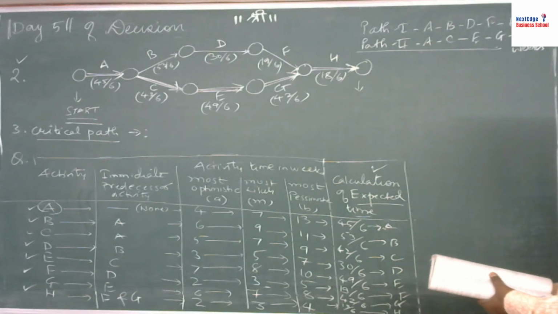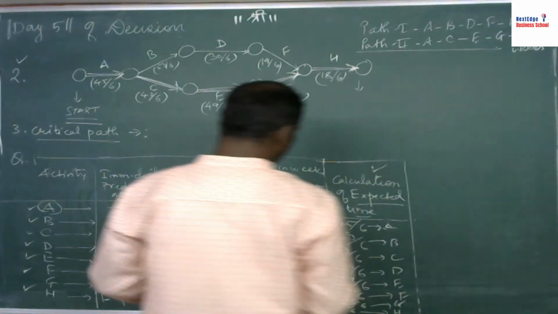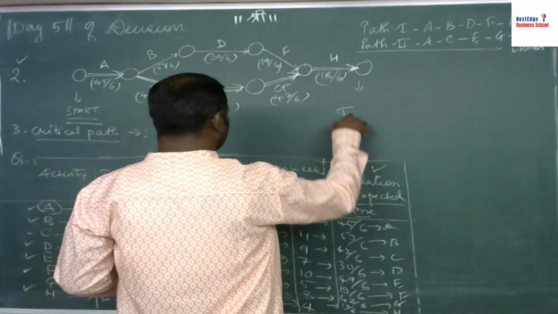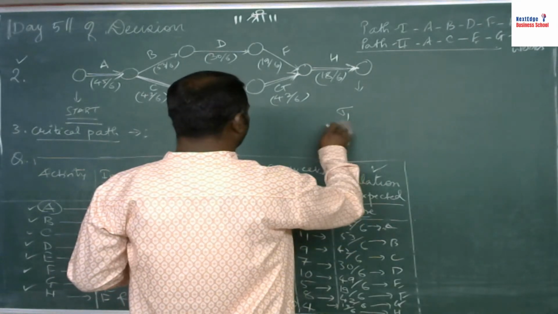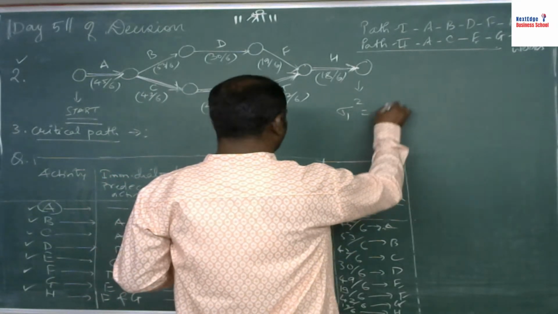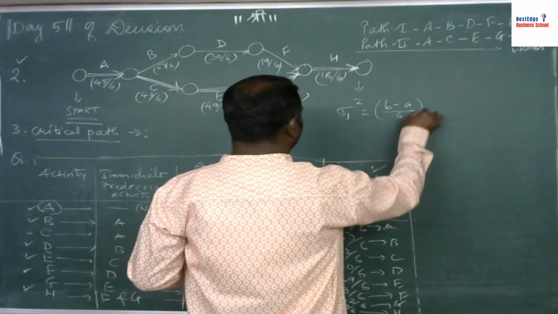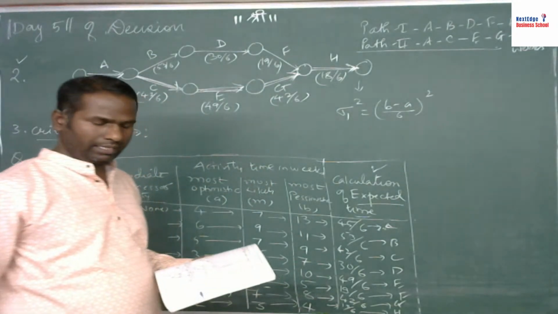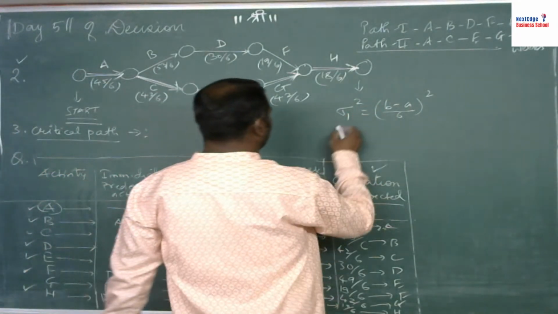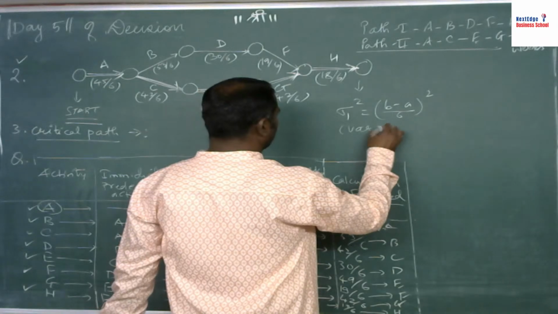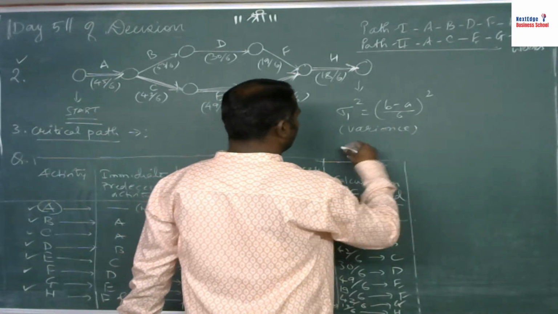If they ask you to calculate the variance, what is the formula? The formula for the variance is sigma squared is equal to (B minus A upon 6) whole squared.